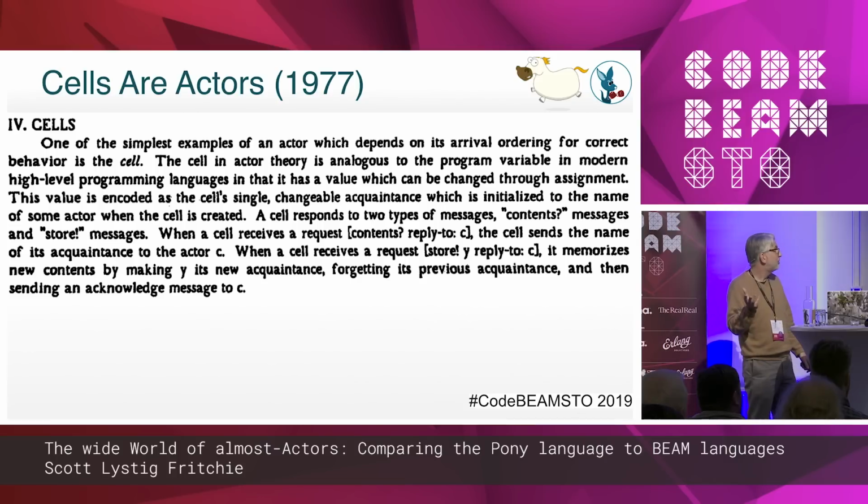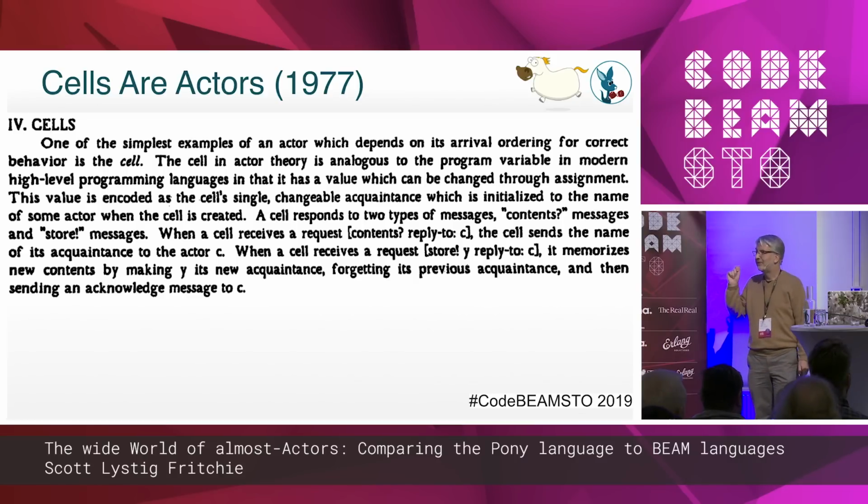And then when it receives a store request, it memorizes the new contents, making y the acquaintance in the terminology of this paper, meaning that it sets its private state to the value y. So we've just described memory in a von Neumann machine here, using the notion of actors.